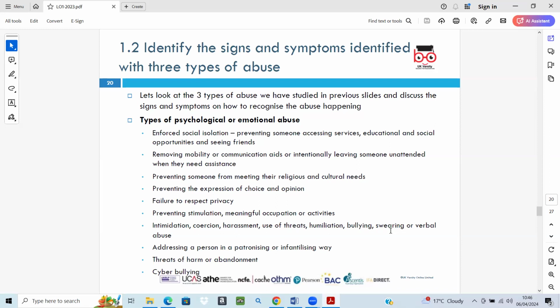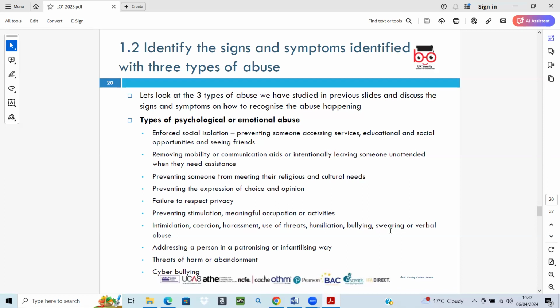So we always take consent before providing any treatment to any service user. Then we have preventing stimulation or meaningful occupation or activities. And what would be the sign? The person may seem bored, disinterested, and cognitive decline would also be there.